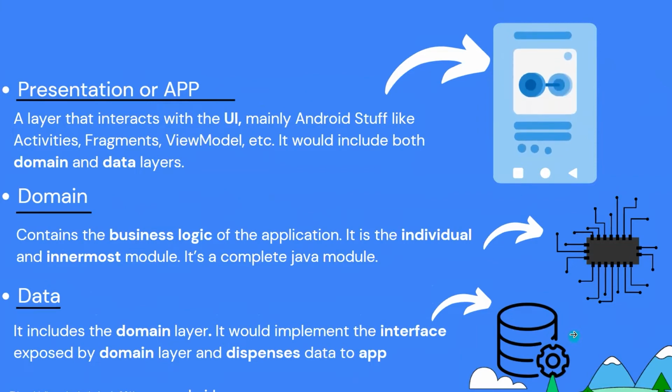The data layer basically keeps all the data that it gets from the databases or from the APIs, etc. It can have a remote data source or an online data source.